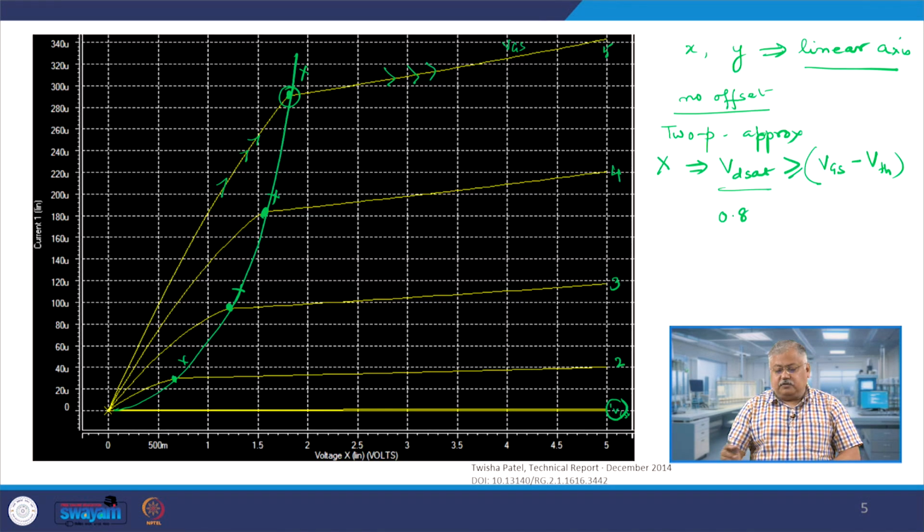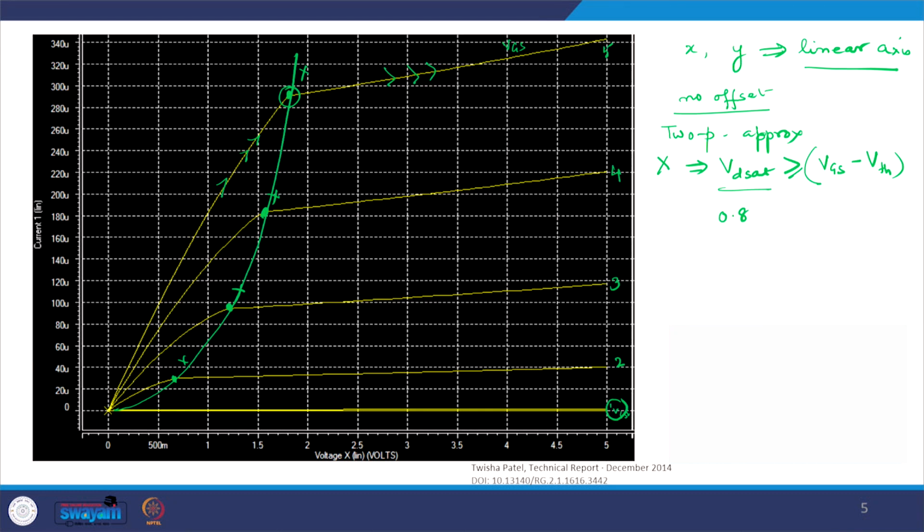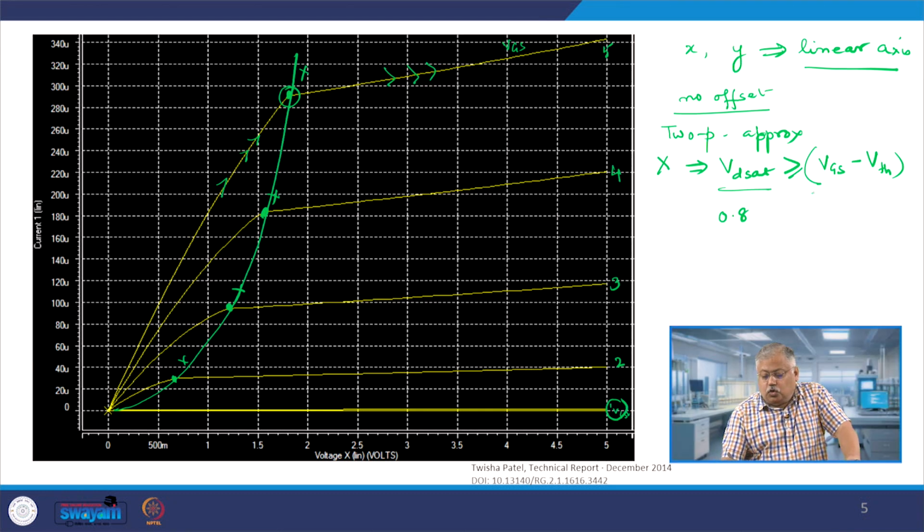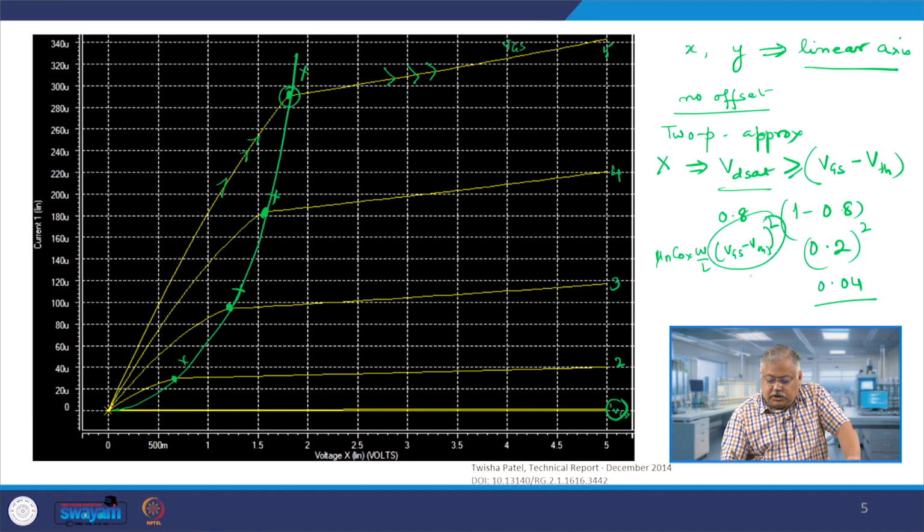Even when you apply a gate voltage of 1 volt, the overdrive is just 1 minus 0.8, which equals 0.2. In the saturation region, if you remember, it is mu n Cox W by L times (VGS minus VTH) whole square. If you square this value, it comes out to be 0.04. This is approximately equal to 1 in the other factors, and therefore the current happens to be very small. It is almost close to cutoff.